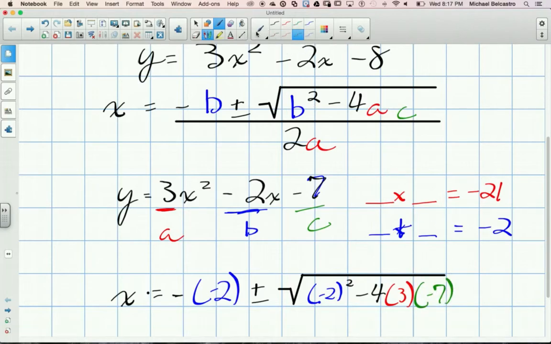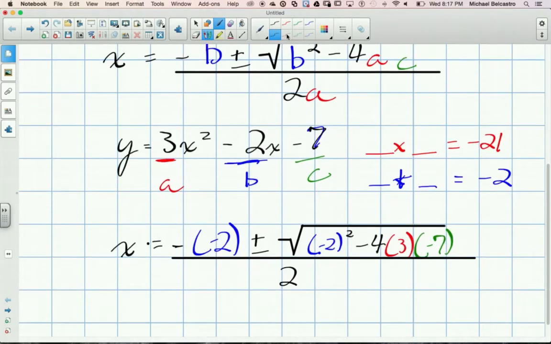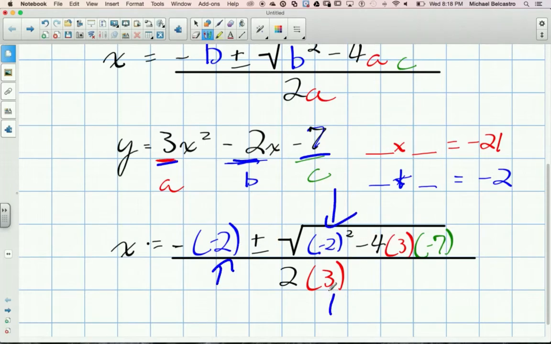And then all of that is divided by 2 times a, 2 times 3. All I did was take our a, b, and c values and plug them into the quadratic formula. Those were the b's, these were the a's, and this is the only c in the formula.